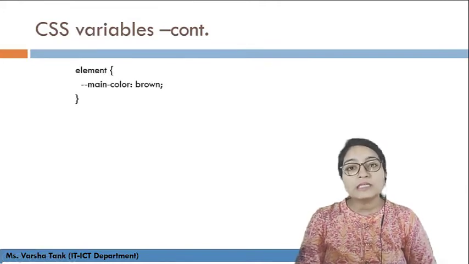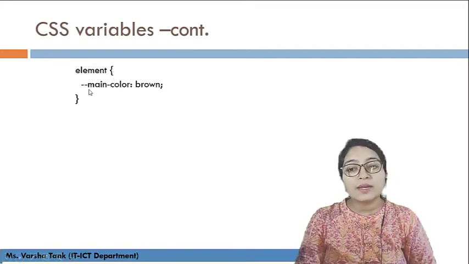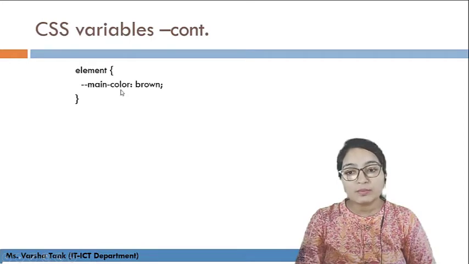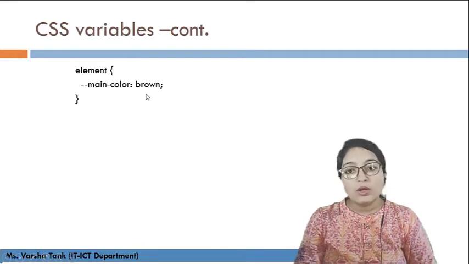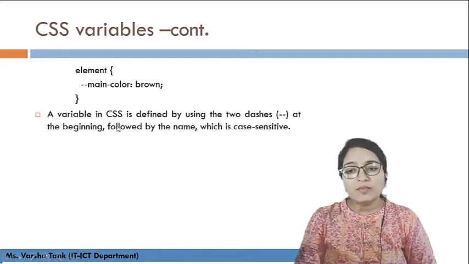Now here you can see this is the syntax for defining the CSS variable. Here you can see the element, in which, in the curly bracket, you have to define the double dash main color colon brown. So this is your property name and here you have to define its value. A variable in CSS is defined by using two dashes.